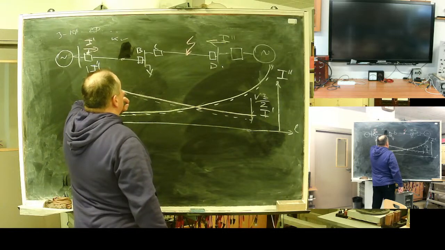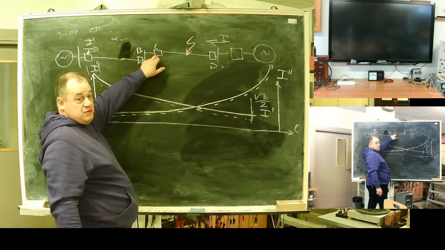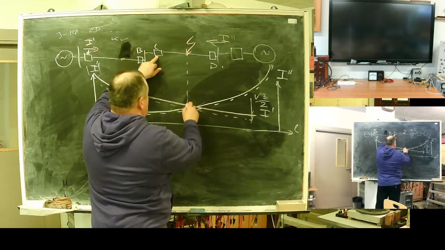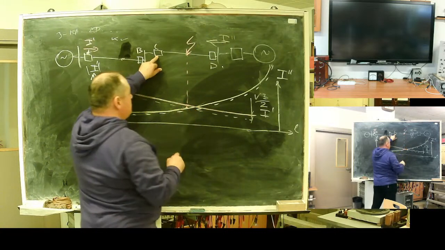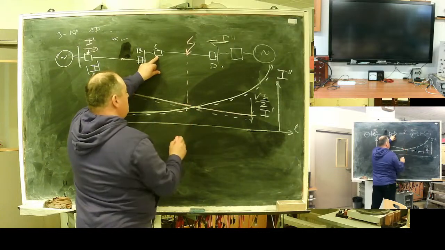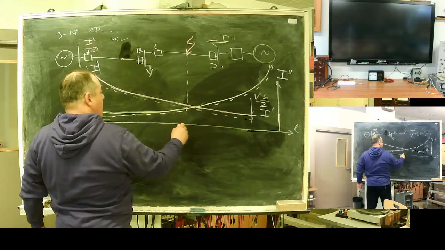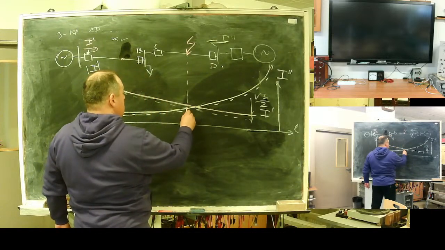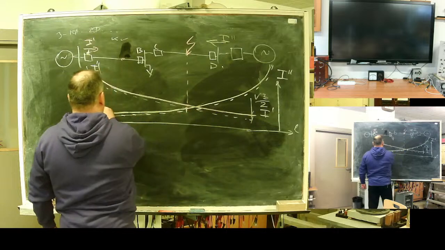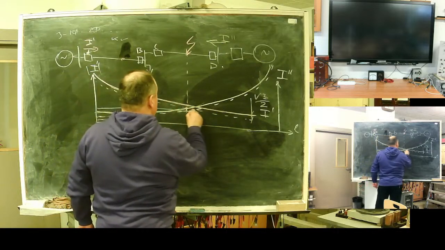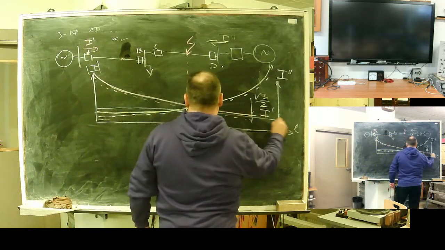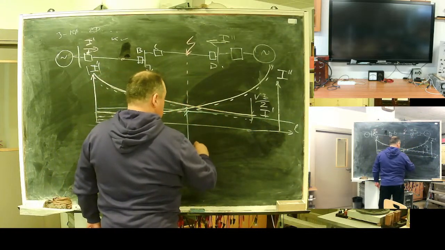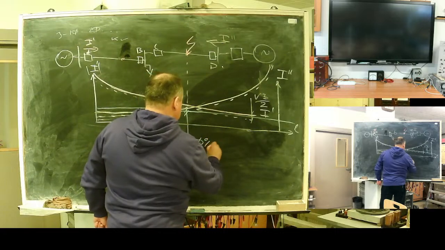It should be cleared with this switch. So approximately here is the possible fault current, and the trip current for the switch should be here, at least 20%.